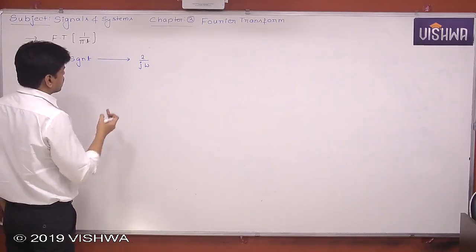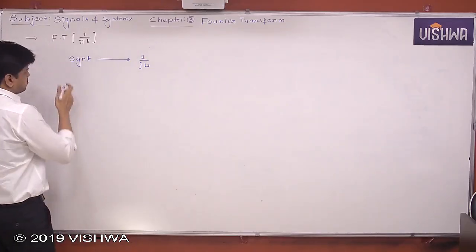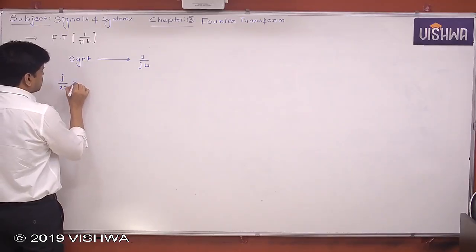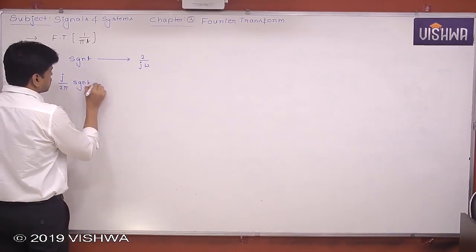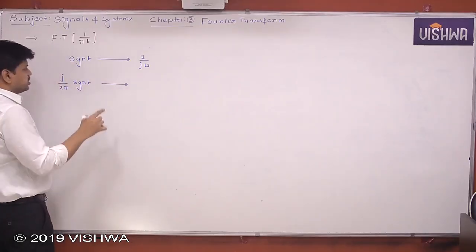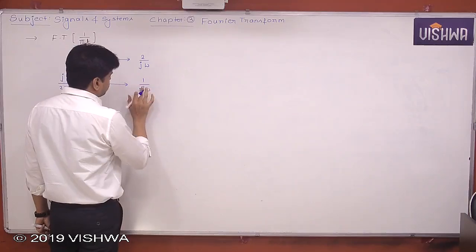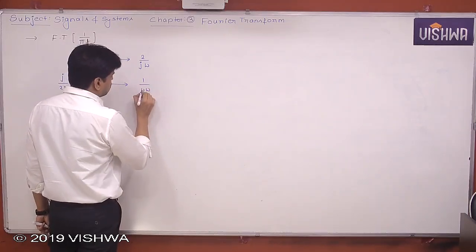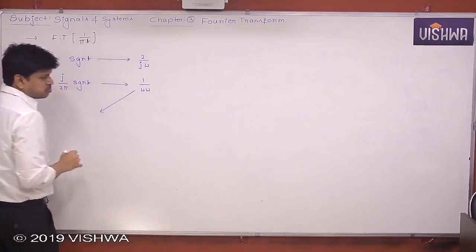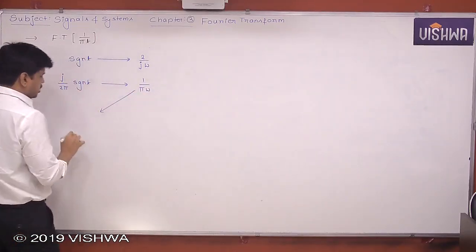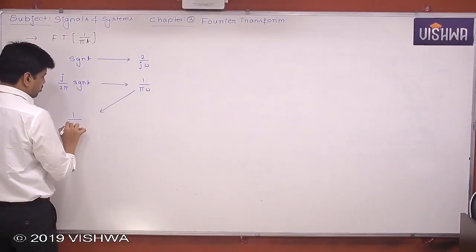So to get that one, we have to multiply with j by 2 pi. If I multiply signum t with j by 2 pi, j gets cancelled, 2 gets cancelled, giving 1 by pi omega. For this one, if I apply the duality property, that is going to be 1 by pi t.